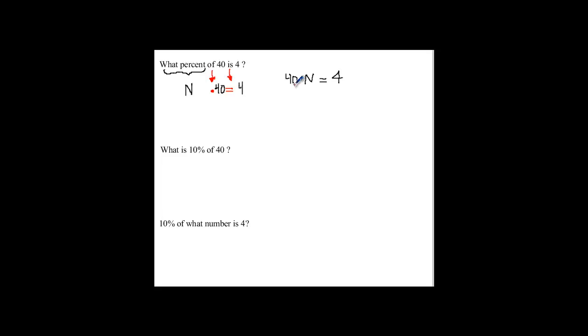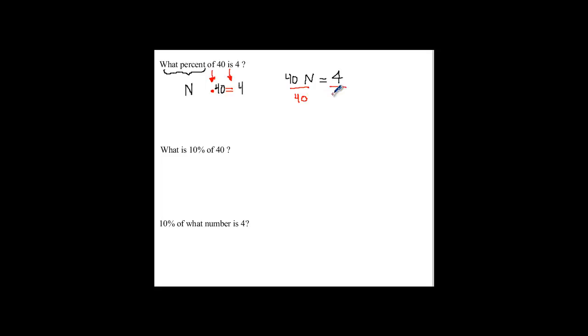Well, if you want to eliminate 40 here, how do you eliminate this 40? You want to isolate n. To eliminate 40, I have to take 40 away from each side, or we'd have to divide by something.